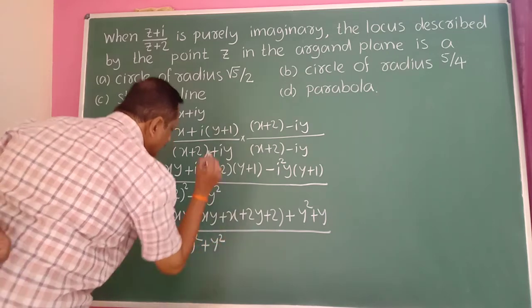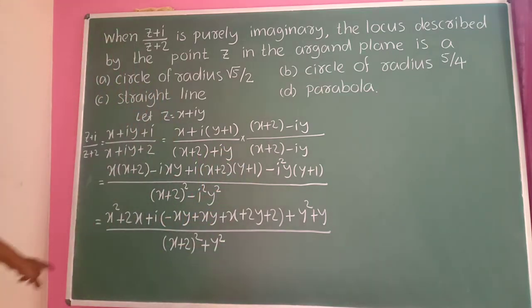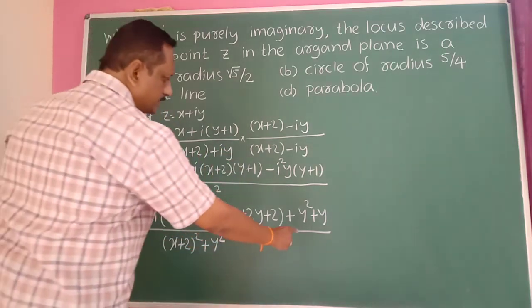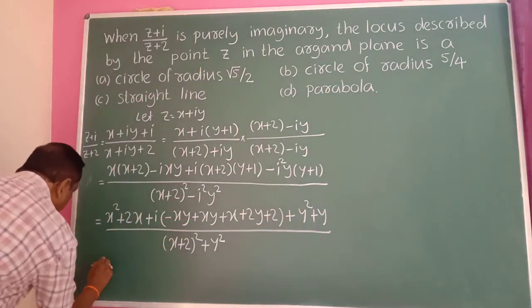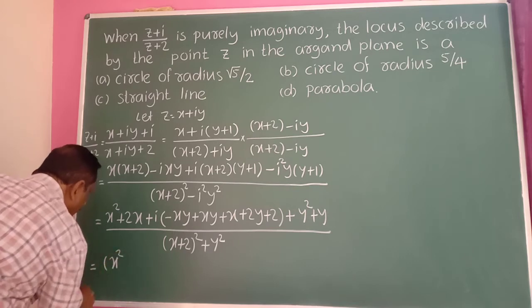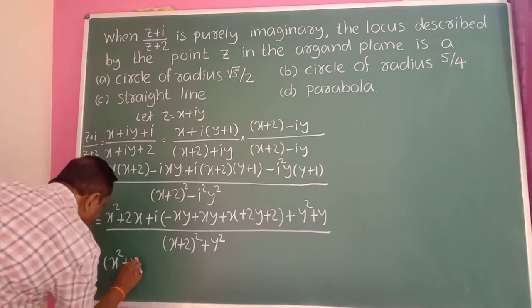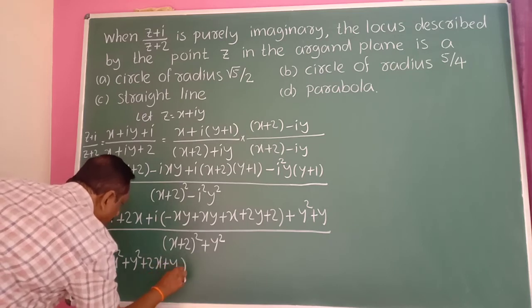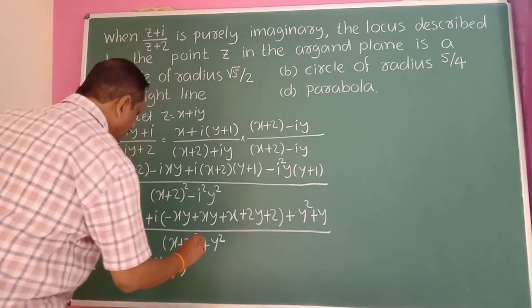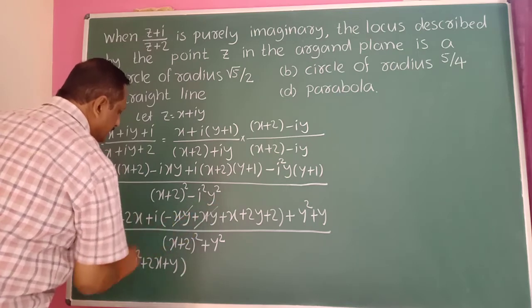Plus y square here. Therefore, x square plus 2x plus y square plus y, these are the real parts, written in the bracket here. So x square plus y square plus 2x plus y, these are the real parts. Then the plus xy minus xy cancels here.